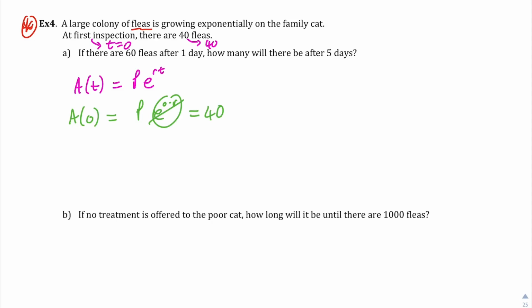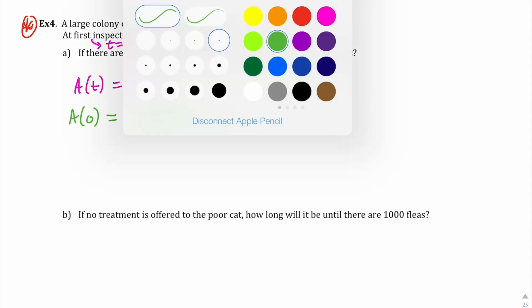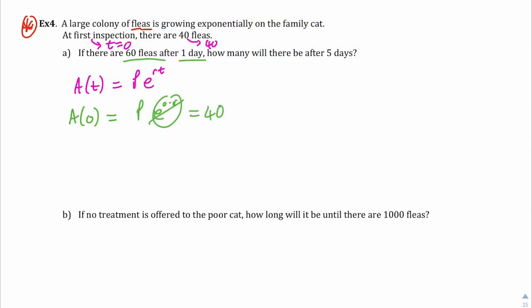And then we are given a second set of information that there are 60 fleas after 1 day, and that's going to allow us to find our interest rate. The unknowns here are the percentage rate at which they're growing and the initial number, and t is going to be our variable, so the number of fleas will vary with time.